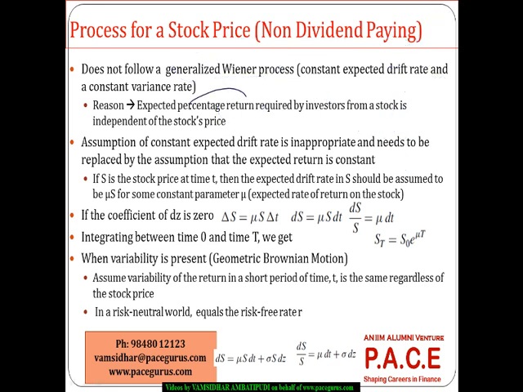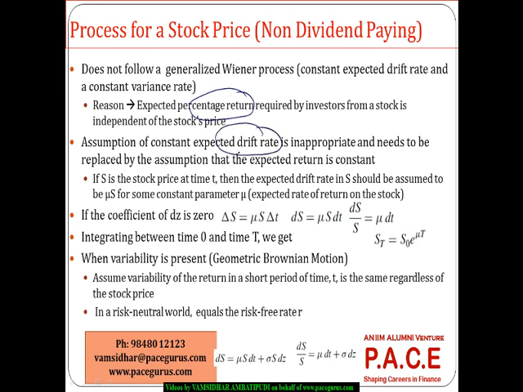The percentage return he wants is really independent of the stock price. He wants a constant percentage return, not the absolute change in the value. So I can't use a generalized Wiener process for the movement of the stock price.